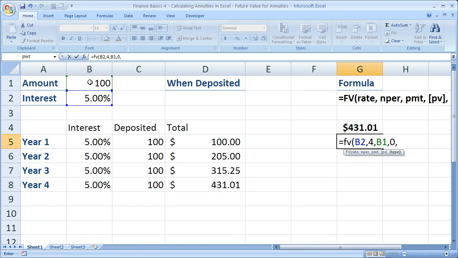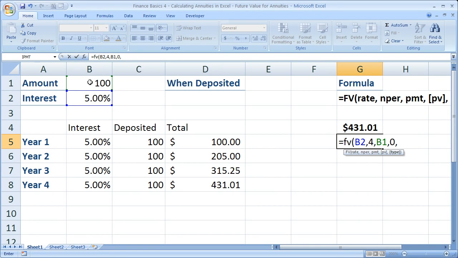The next thing is type. Now it's important to note that type is going to determine whether or not the formula calculates that you deposit your annuities at the end of each period or at the beginning of each period. Now by default, if you leave it out, it's going to assume that you deposit money at the end of each period. And oftentimes when you deal with these problems, that's what it will be.